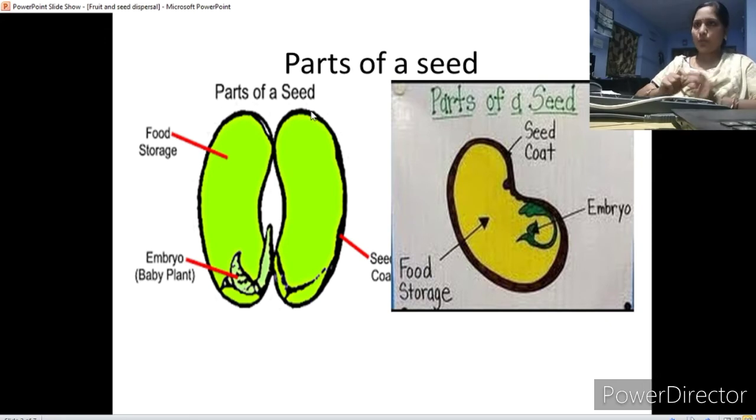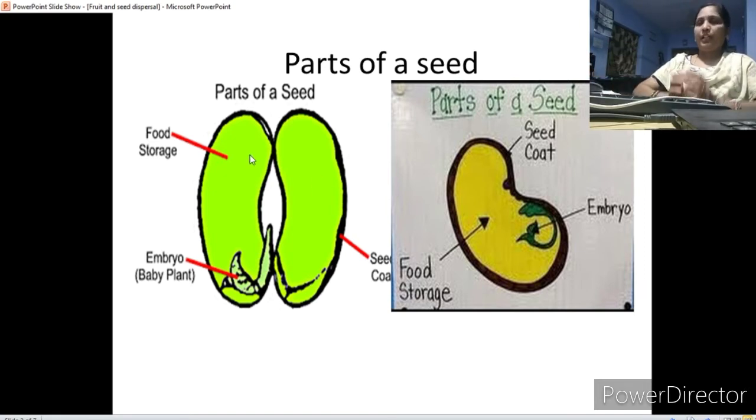So you do the activity along with the learning. Remove the outer brown coat, and inside, the light color part is the food storage. That means stored food. It's also called cotyledon.